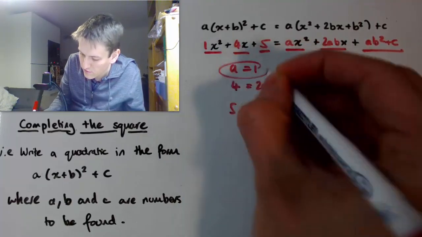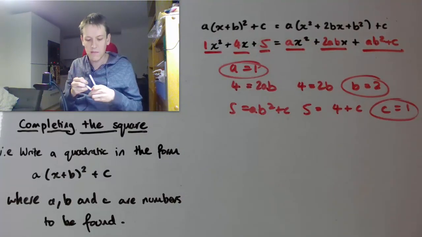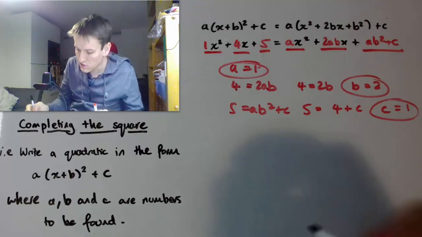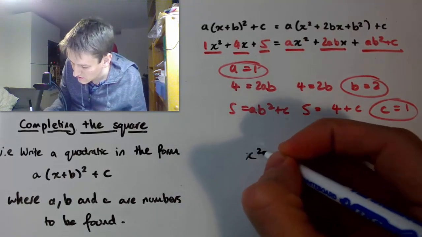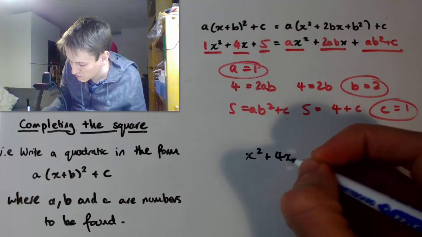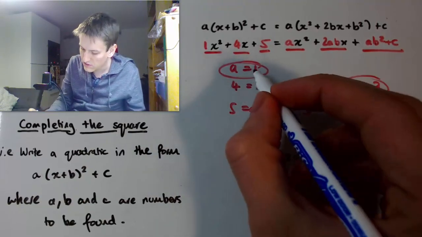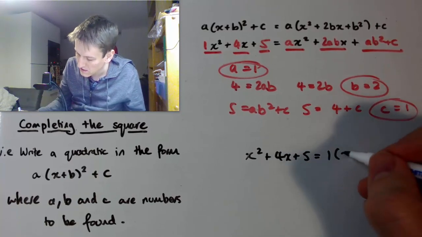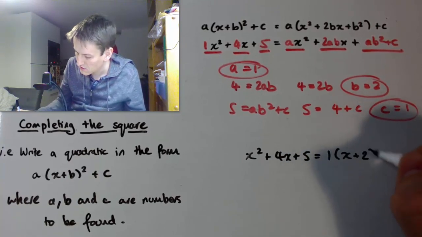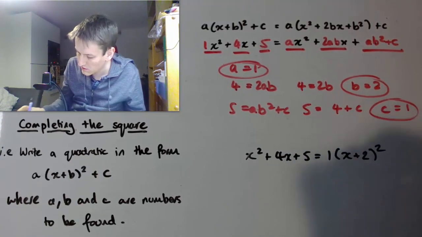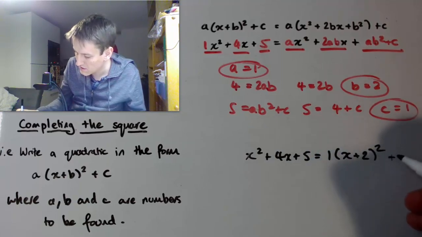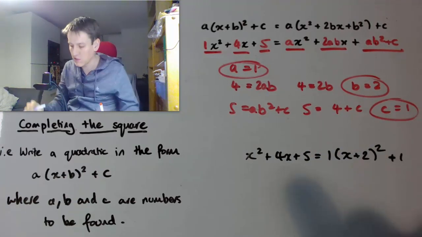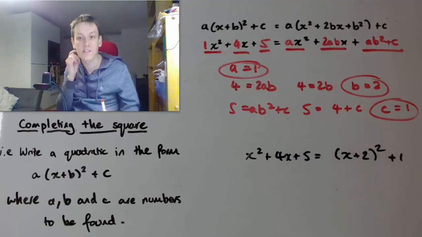So I found the three numbers that we wanted, a, b and c, and we come to the conclusion, as I said at the start, that x squared plus 4x plus 5 was equal to a, so that's just 1, I don't really need to write that, but let's put it here for completeness, times (x plus b) squared, which is 2, so 1 times (x plus 2) squared, plus c here is 1. We wouldn't usually write this one, but it's still in completed square form.